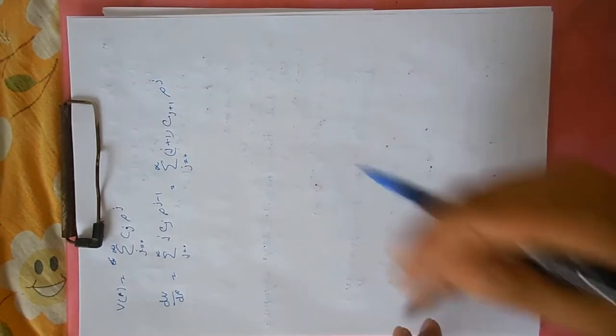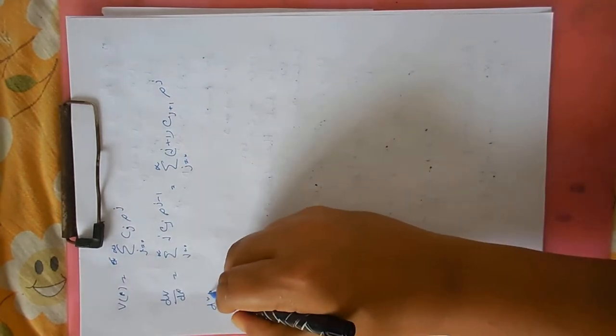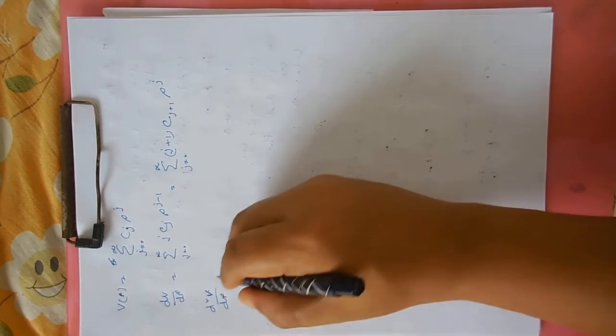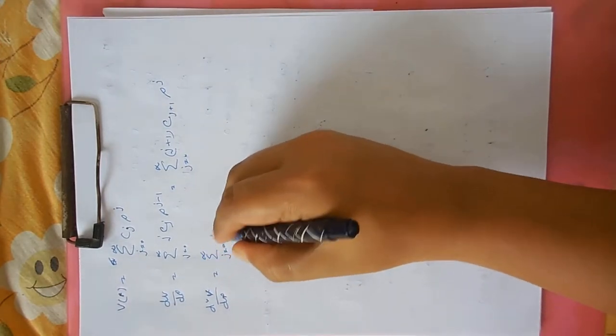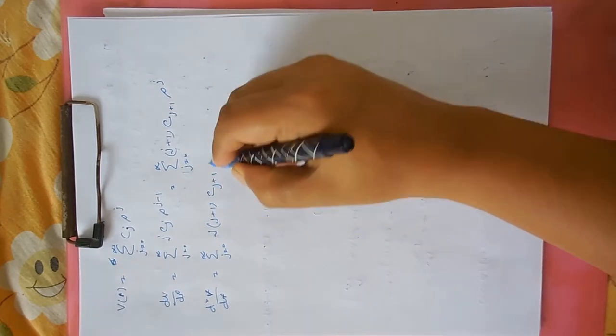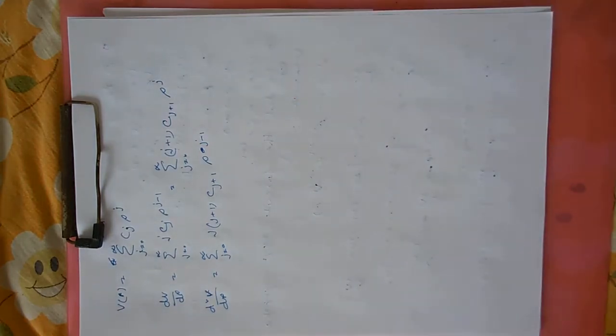Again you have to find the second derivative, d²v by dρ², which is the summation over j from 0 to infinity of j(j+1) C(j+1) ρ^(j-1).